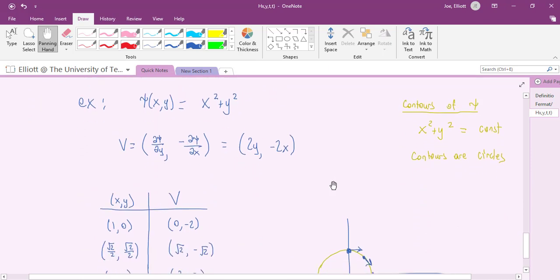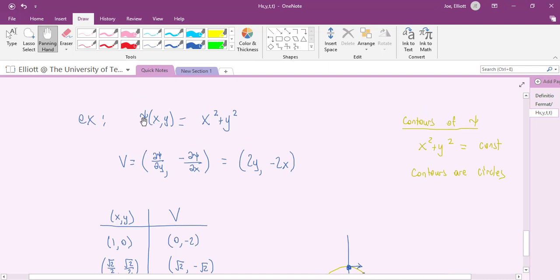So here is the example that I decided to use to illustrate with. Here I'm going to start with a streamline function psi, and psi is just going to be x squared plus y squared. Now the incompressible flow v associated with psi: this is the formula.